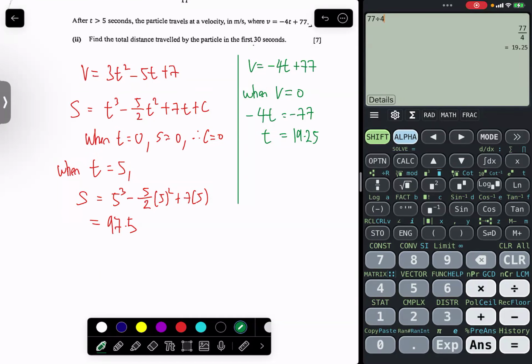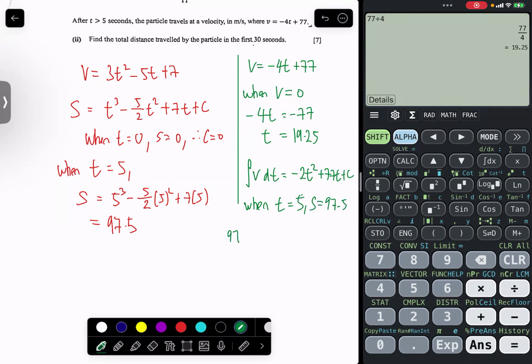Then next, we have the displacement. So integrate v dt, we get negative 2t squared plus 77t plus c. When t equals 5, the displacement was 97.5.